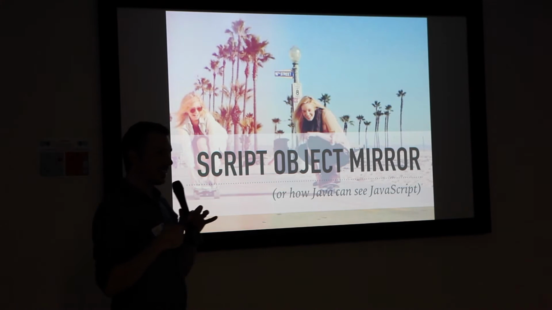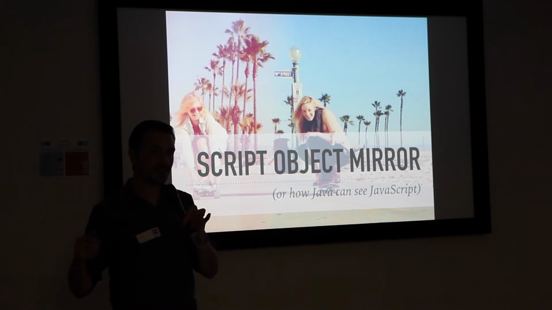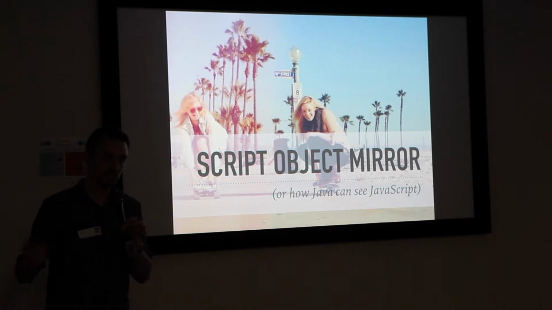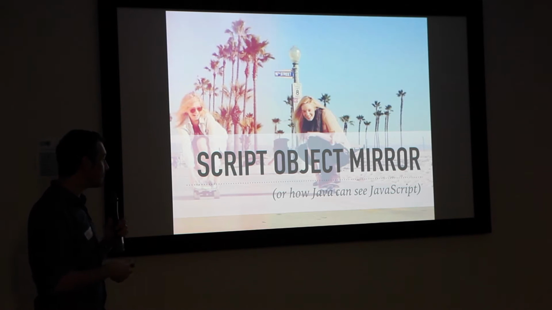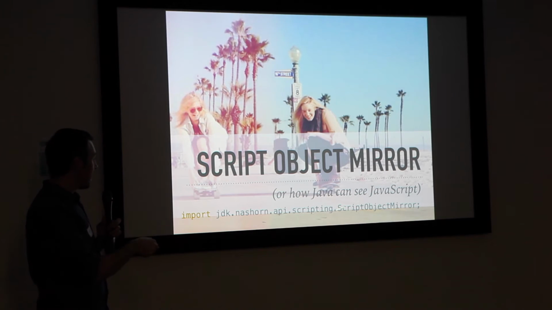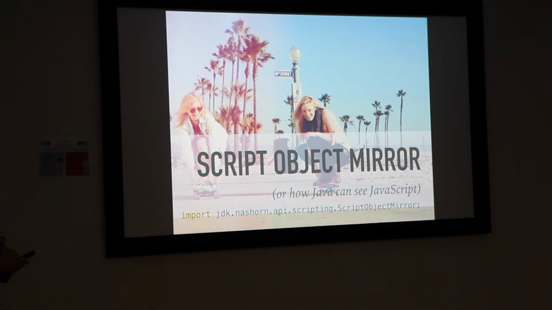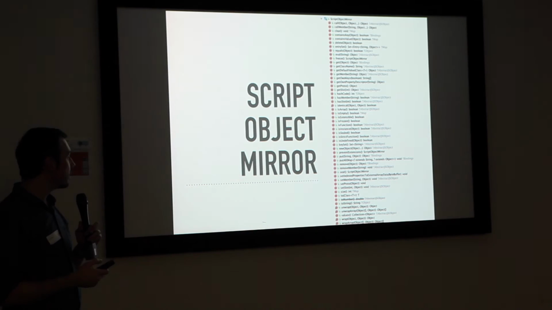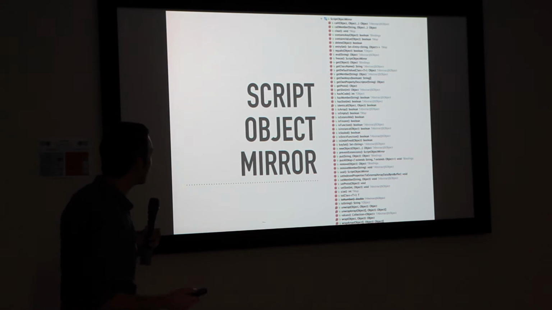This is the bit that the Nashorn guys have worked on to be the bridge between Java and JavaScript. This thing is called the script object mirror. This is the package name, not that you'll ever have to remember it because we've got IDEs now, but that's all in the jdk.nashorn bit down there. The script object mirror has all these functions.